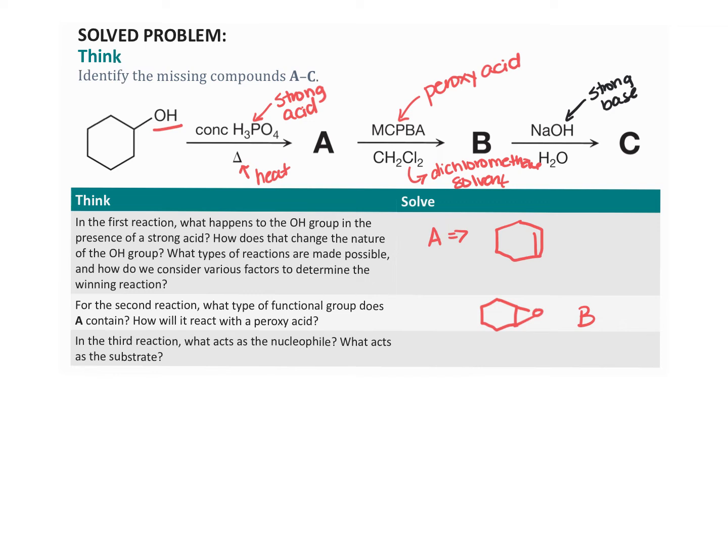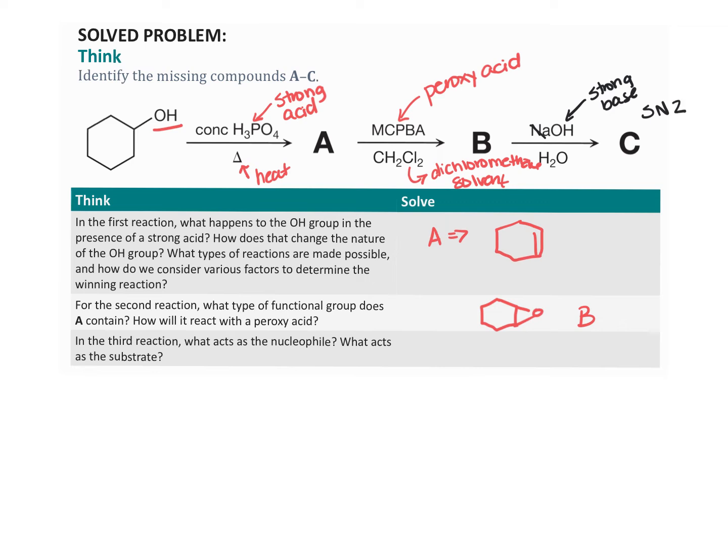We need to go through and think about it: OH is a strong base, Na is just a spectator ion, so that's OH minus. We need to remember that OH minus is a nucleophile, and it can open the epoxide in an SN2 reaction.